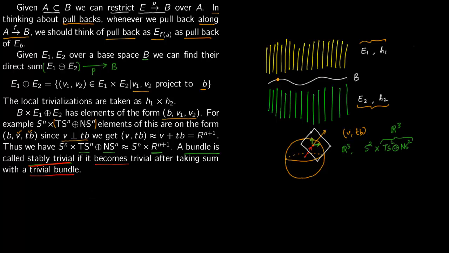Since the normal bundle is always trivial, if you take the tangent space, which is a non-trivial bundle, direct sum it with the normal bundle, what you get is a trivial bundle. This we have talked about before. So you take the tangent bundle, direct sum with the normal bundle, what you get is a trivial bundle, Sn times R^(n+1), and therefore you can say that this tangent bundle is stably trivial.